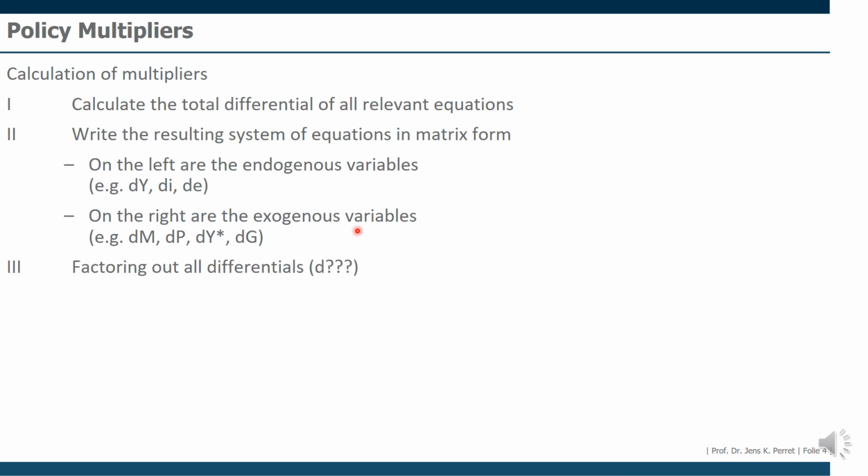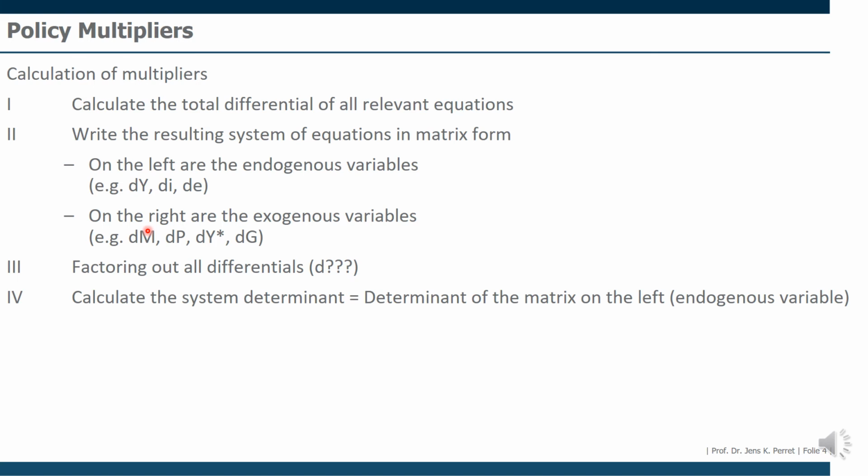what you can do next is on the right side, consider only those differentials which you really need in the calculation of the multipliers. That's what is meant with factoring out all differentials. So we actually have on the left side matrix times vector, on the right side matrix times vector.